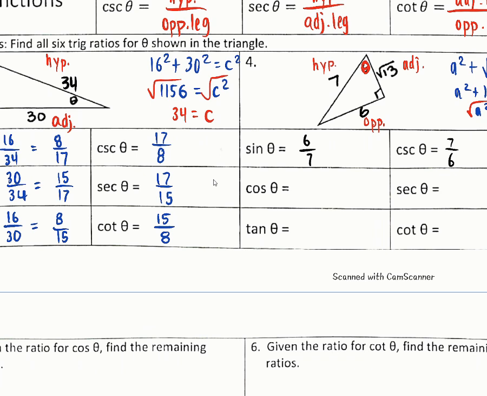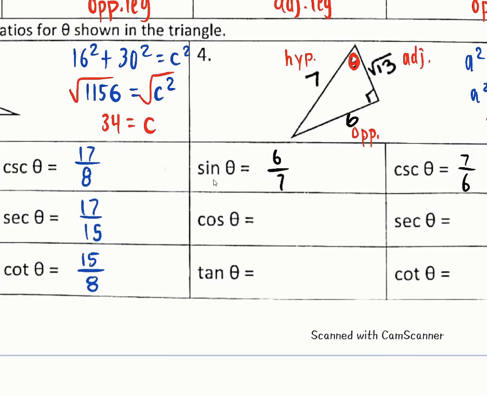So here's the point. Look at this next problem. What's the cosine? It's the square root of 13 over 7. That's fine. But what happens when I do the secant? I flip it. And it's 7 over the square root of 13, and we don't leave that there, do we?